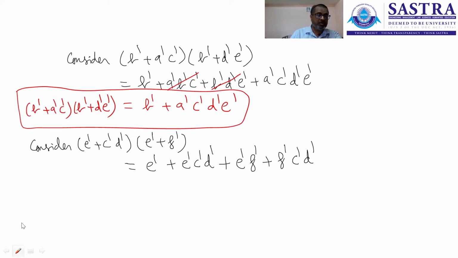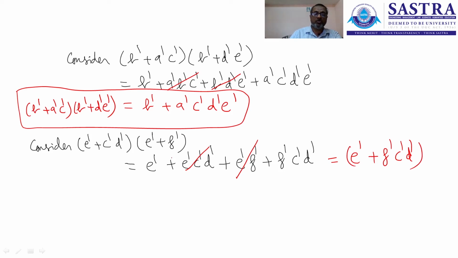As usual, when I take E'F' with E', this will go; E'C'D' with E' will also give you E'. So I have E' + F'C'D'.